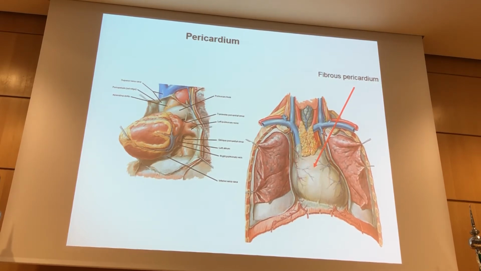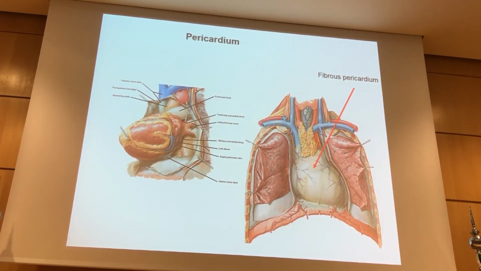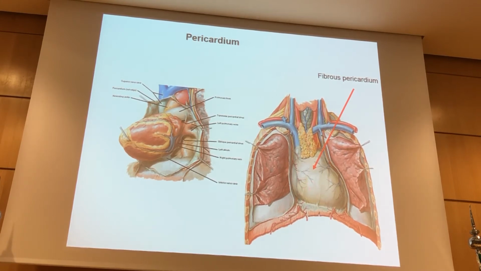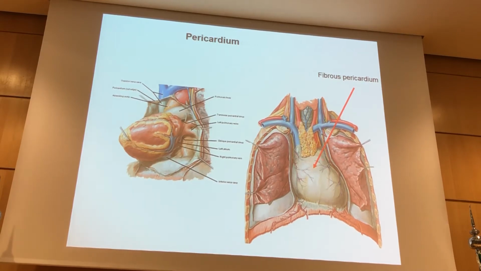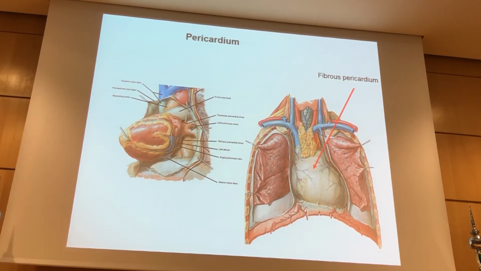So if I cut through this, on the outside it's going to be the fibrous, on the inside it is the parietal. So this is the heart. You know, we did open this. The heart is covered by this shiny layer of pericardium. We call that the visceral, right?